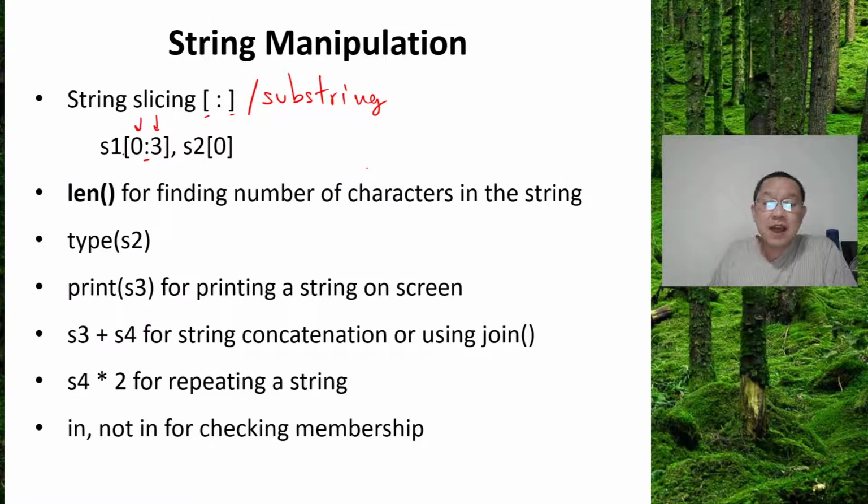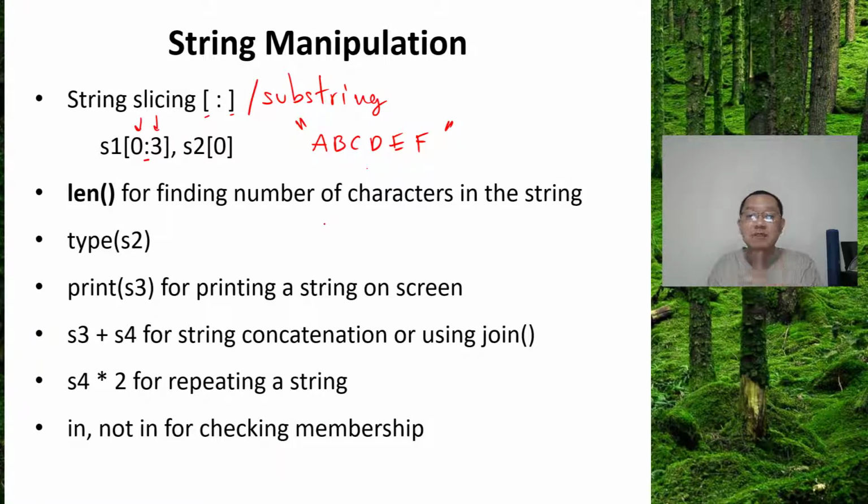If you have only one number inside the square brackets, this means you only want one position, only want a character at just one position. When we count the position in Python, if for example we have a string of A, B, C, D, E, F inside the double quote sign, Python won't start counting from 1.